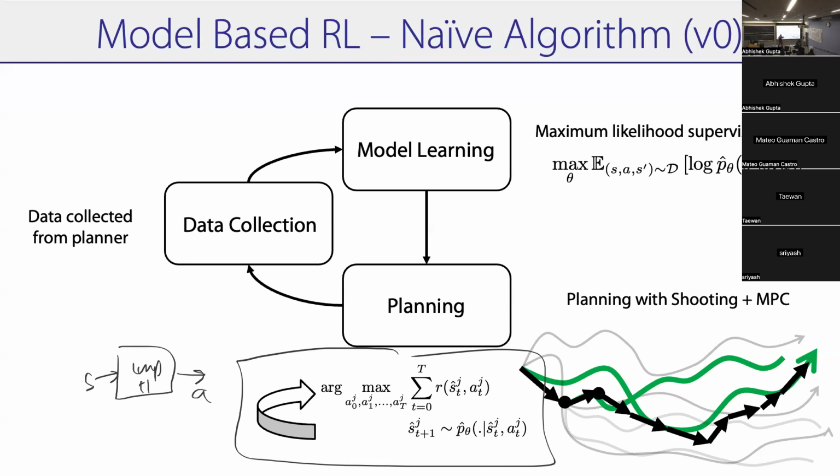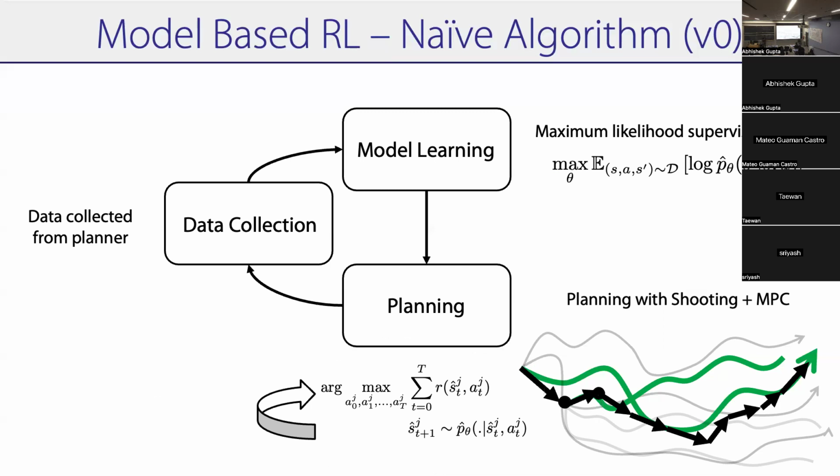That's one step of your policy, execute and repeat. So this is not that different than a policy, it's just implicit in the model. It's not like a neural net that's going to save the action. You're using the model to do planning at every step. So you can think of this planning as the same type as a policy. And then you go back and do more data collection.